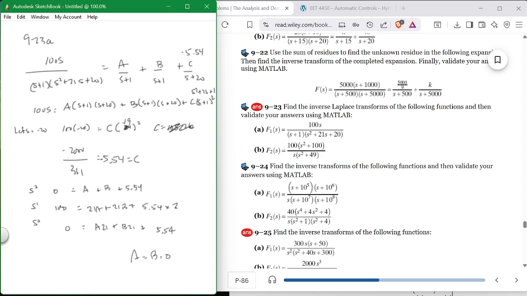A times S squared plus B times S squared. All right. That's just a totally weird question. This should be 20, not 21. 21, 21, 20, 20, 5.54.